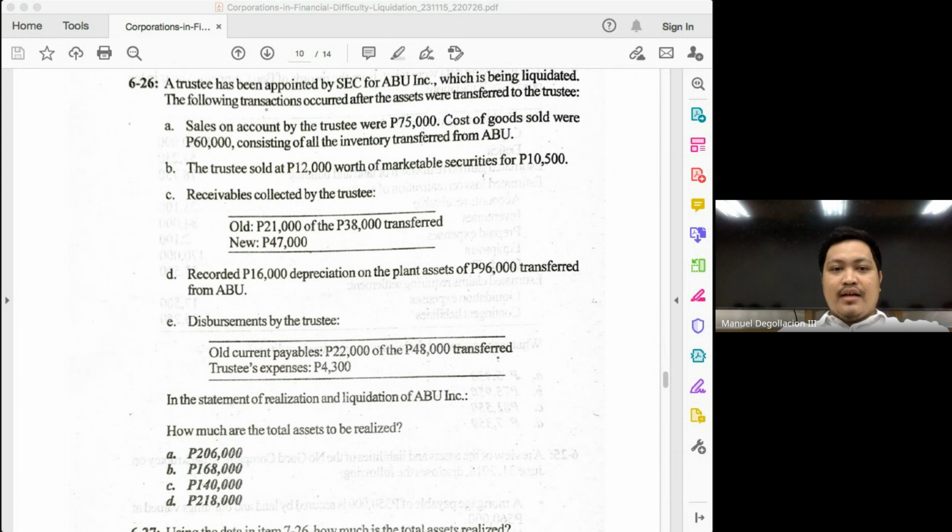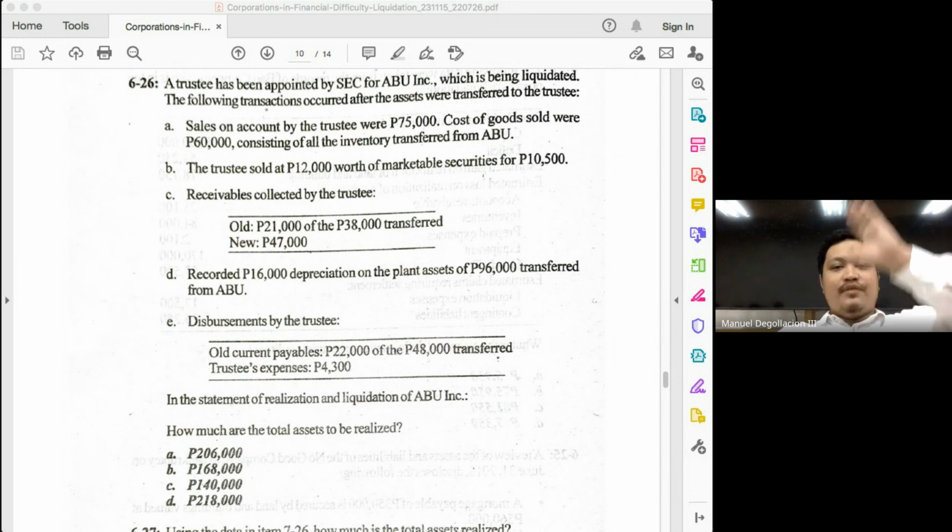So for example, class, we start with the inventories. The inventories were already sold for 75,000 and the value is 60,000.